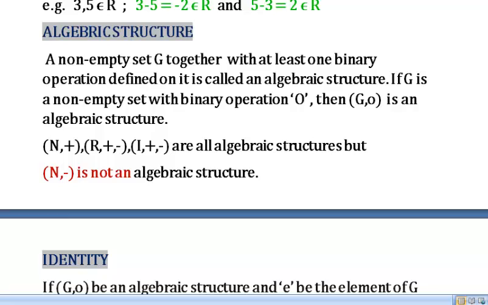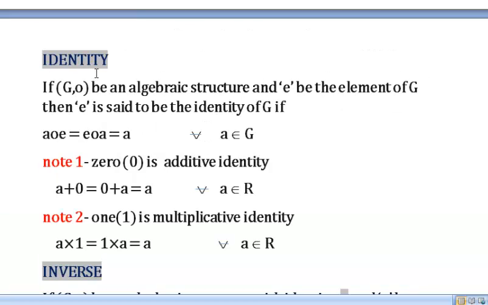Now we discuss identity of an algebraic structure.